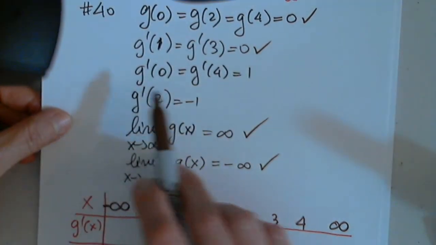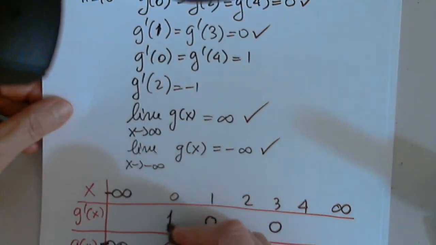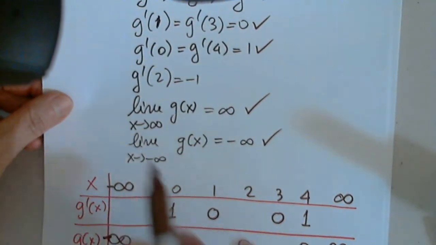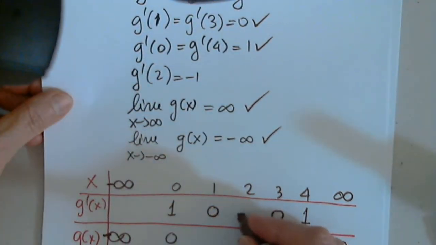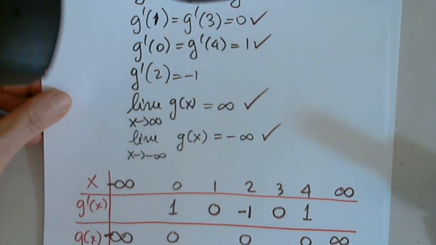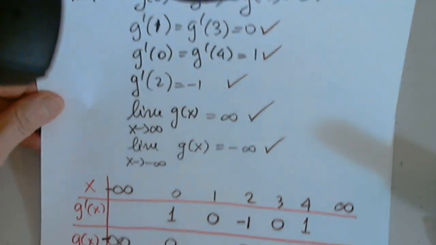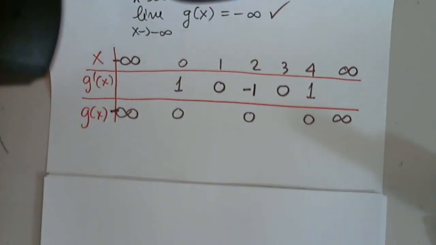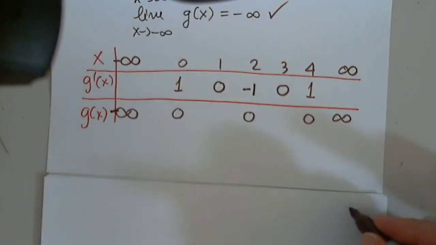G prime of 0 and of 4 are 1. Accounted for. And g prime of 2 is negative 1. Accounted for. Now I'm going to give it a shot and graph this function.